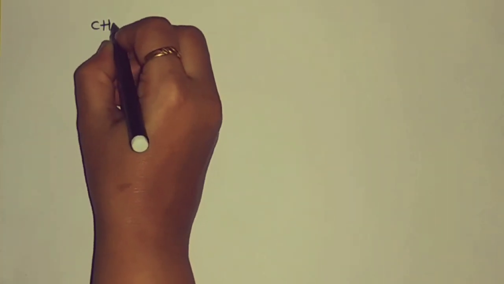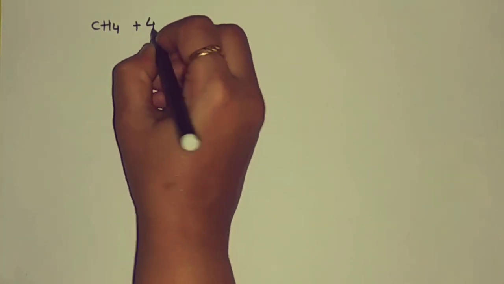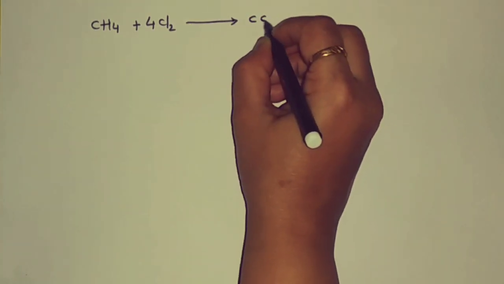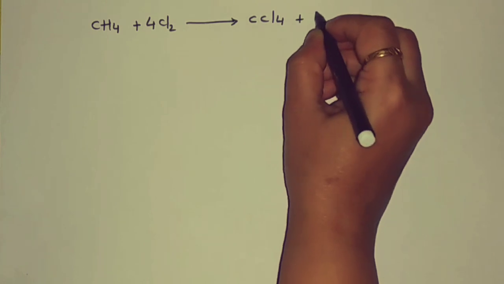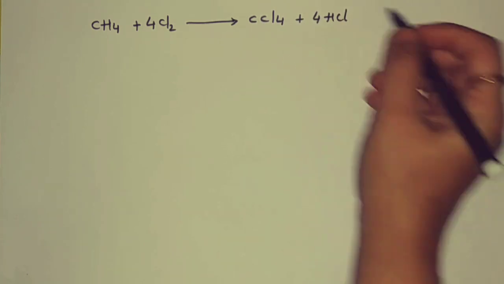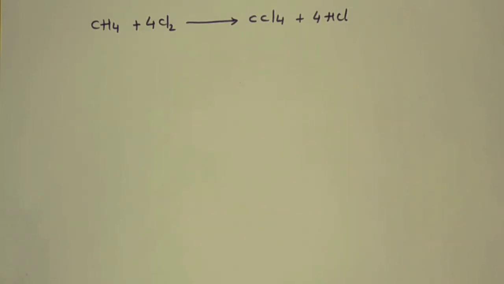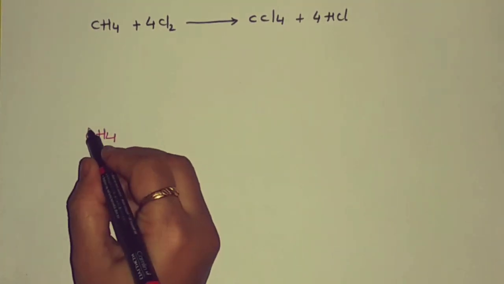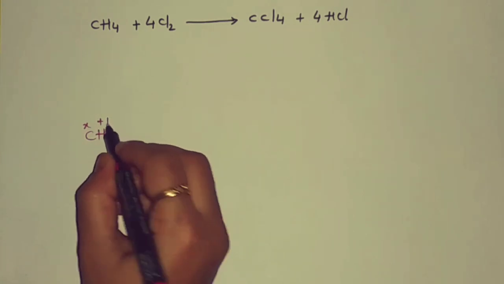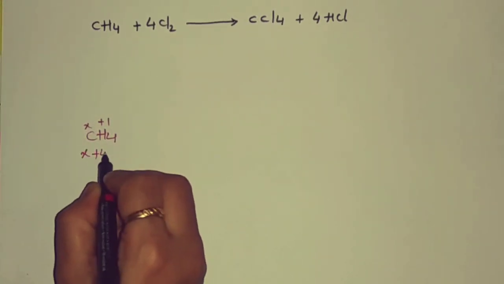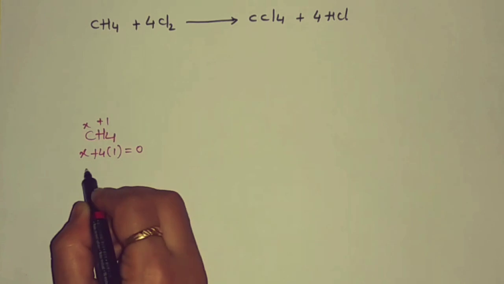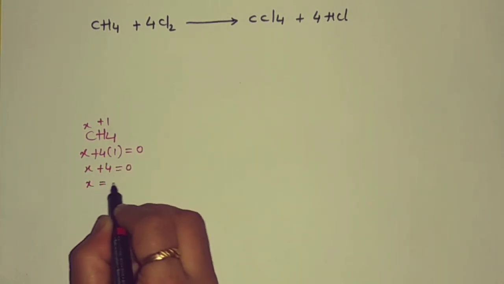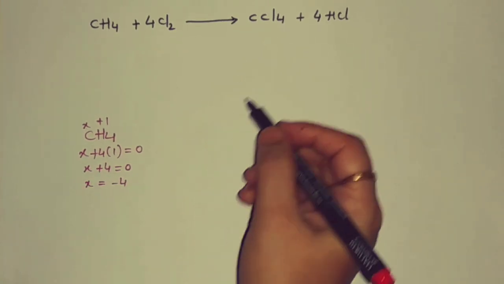Next is CH4 plus 4 moles of Cl2 gives you CCl4 plus 4 moles of HCl. So let us calculate the oxidation number of carbon in CH4. Carbon has x and hydrogen is plus 1. x plus 4 into 1 is equal to 0, x plus 4 is equal to 0, x is equal to minus 4.